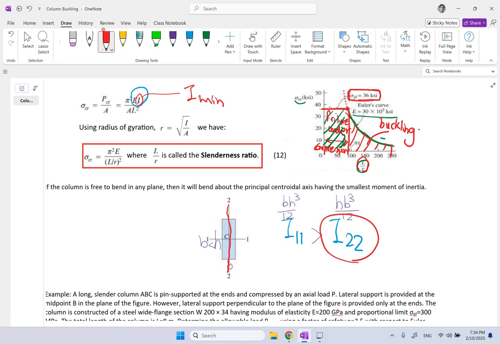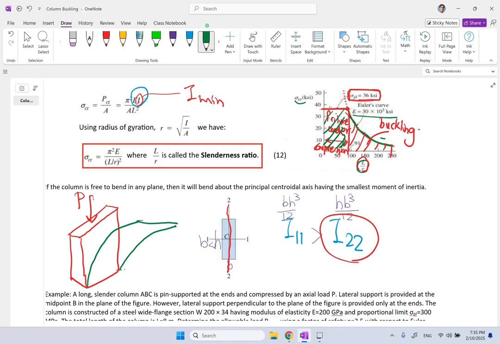If I have to draw this for you, this is the cross section. If I apply my load P, which direction is that going to bend? Is that going to bend this way to the side, or like this?